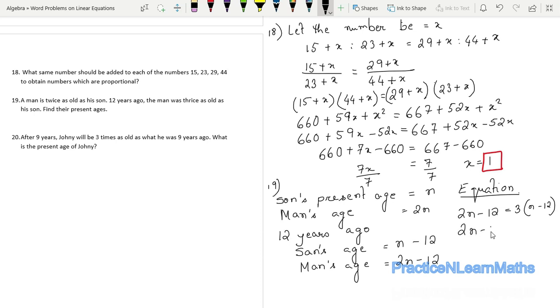Solving this, 2n minus 12 is equal to 3n minus 36. If we subtract 3n from both sides, we get minus n minus 12 is equal to minus 36. If we add 12 to both sides, we get minus n is equal to minus 24. Multiplying both sides by minus 1, we get n is equal to 24.